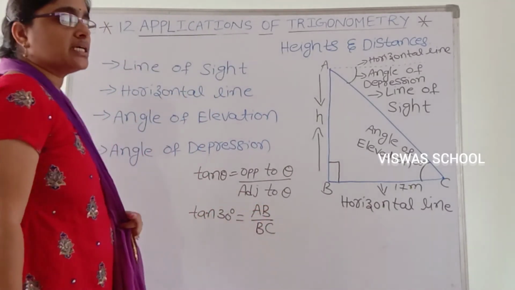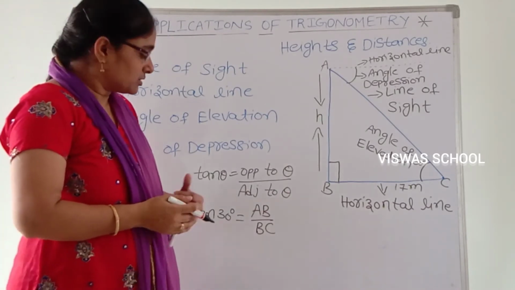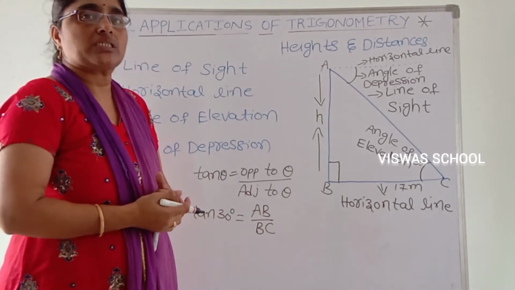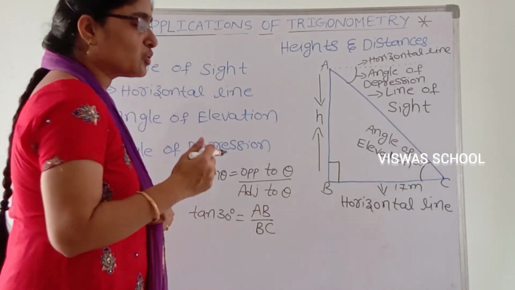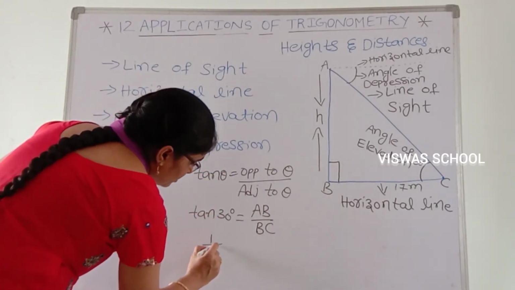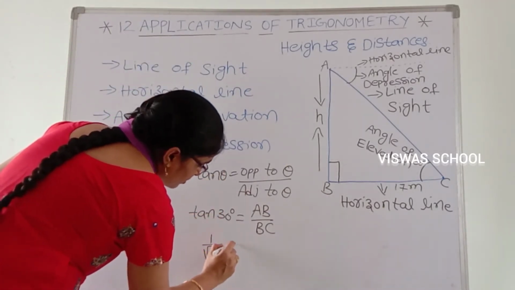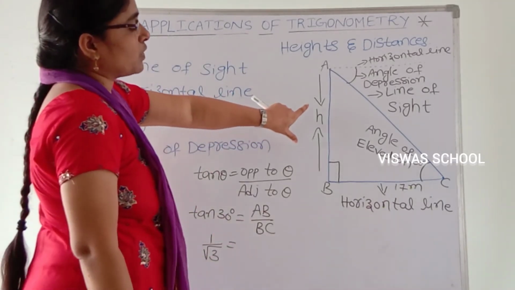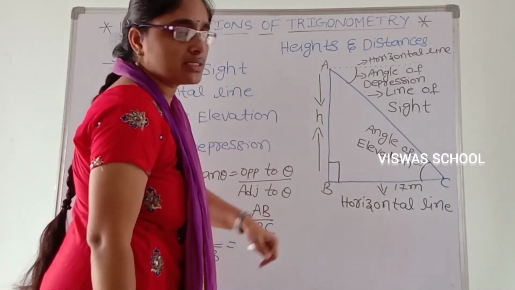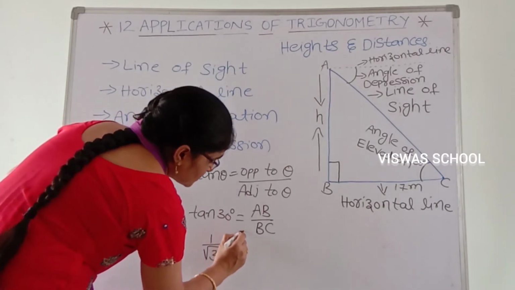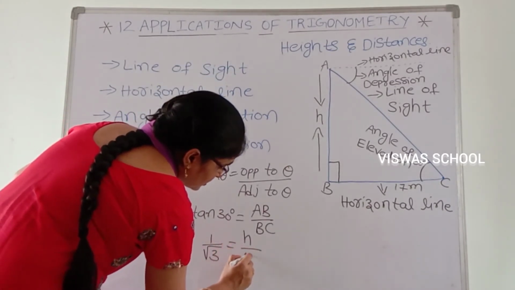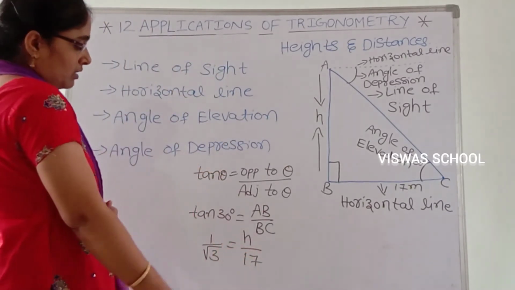Now tan 30 degrees in the trigonometric values. Tan 30 degrees is equal to what? 1 by root 3. Now AB is what? H. And BC is what? 17. H by 17.